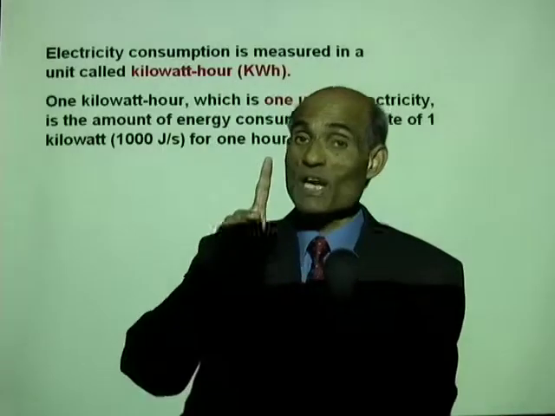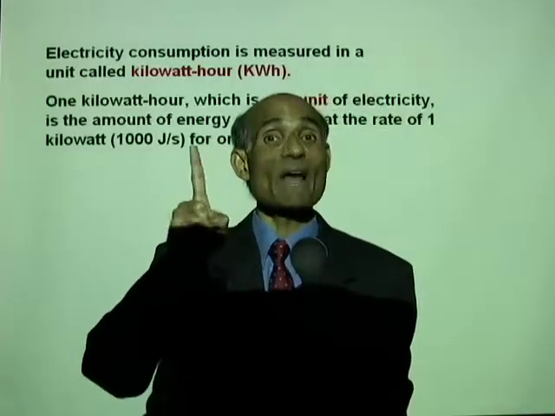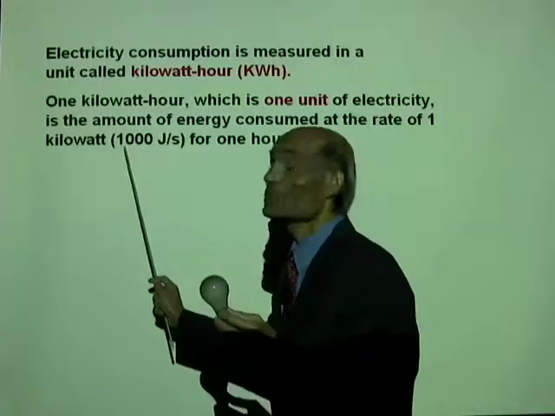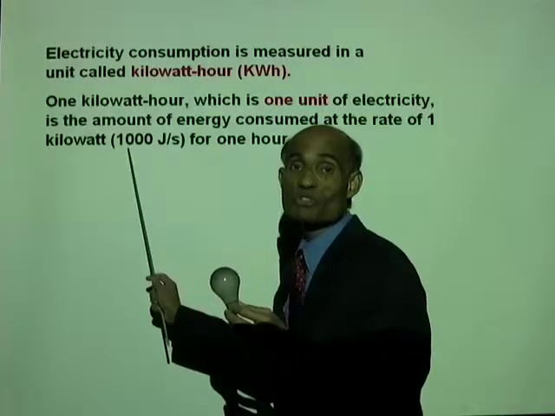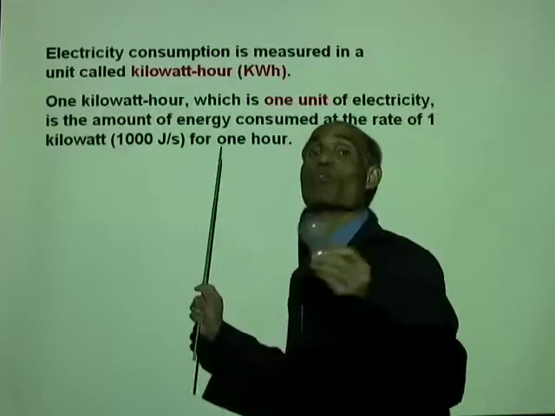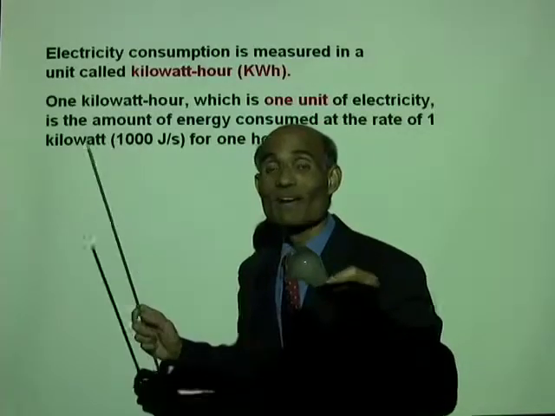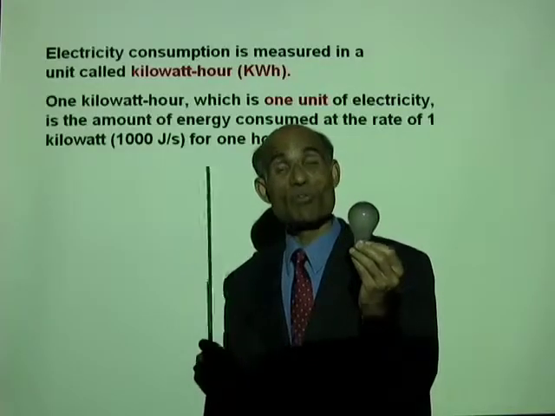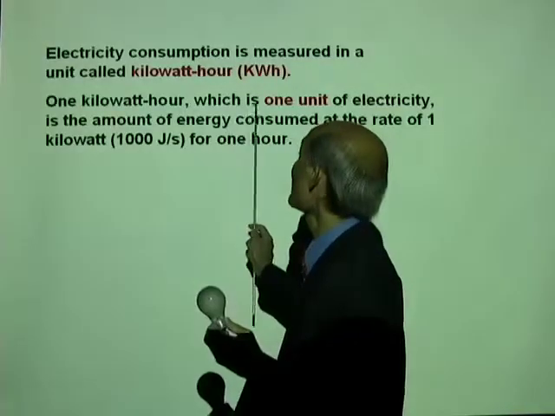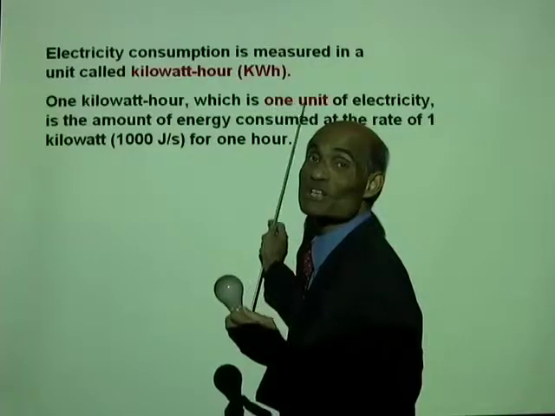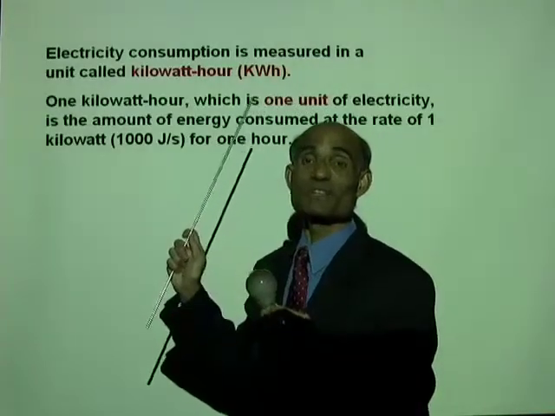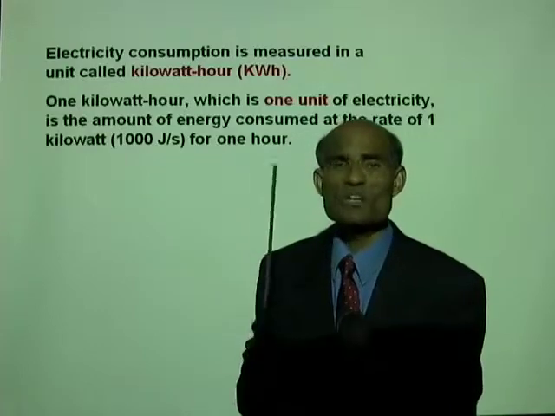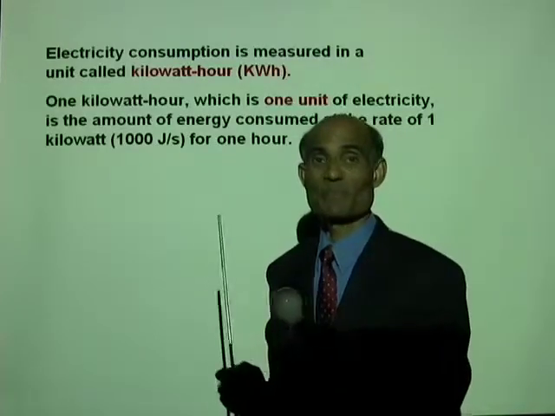Now, you turn that bulb on for 1 hour. The bulb is using energy at the rate of 1000 joules per second for 1 hour. And that amount of energy used by the bulb for 1 hour is what we call 1 commercial unit of electricity. And you know, you pay for that much of electricity about 10 cents.